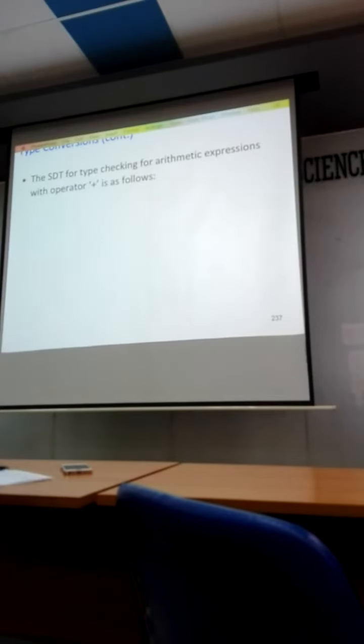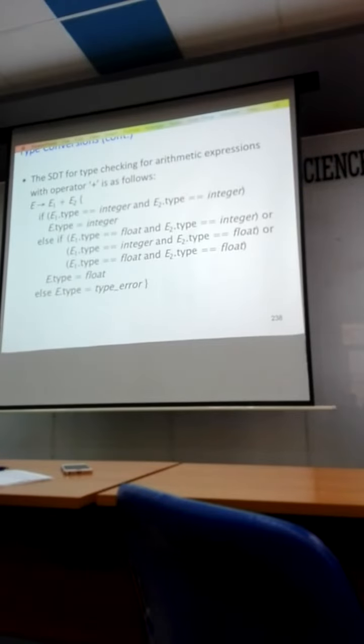Now, for simplicity, let's assume that the type of operand is either integer or float only. Now, how can we perform type checking for expressions with operator addition? This is our SDT.